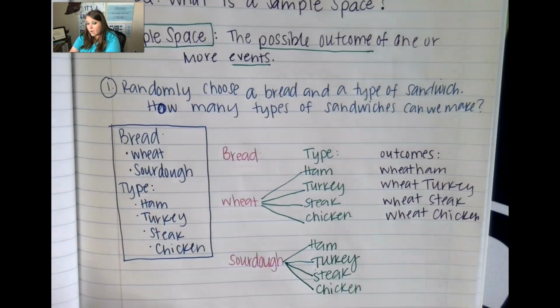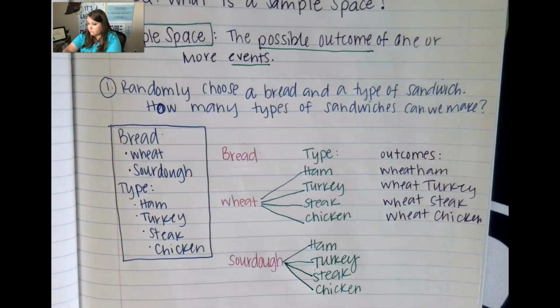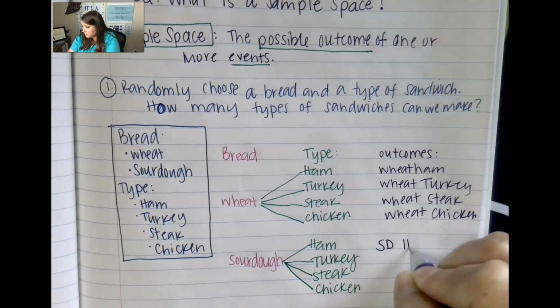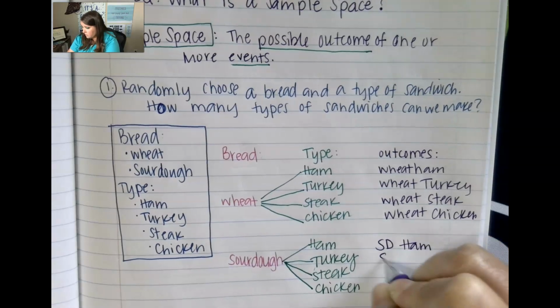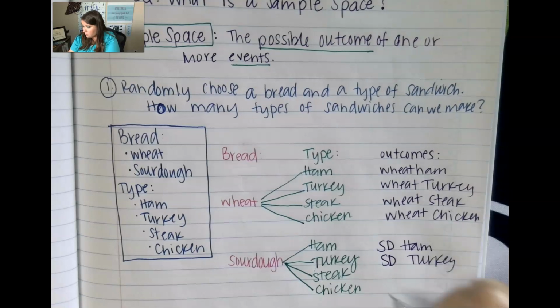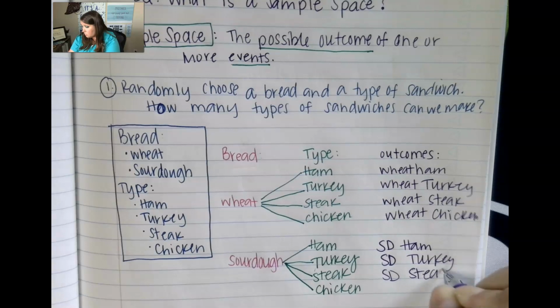So the possible outcomes that we have are sourdough ham, sourdough turkey, sourdough steak, and sourdough chicken.